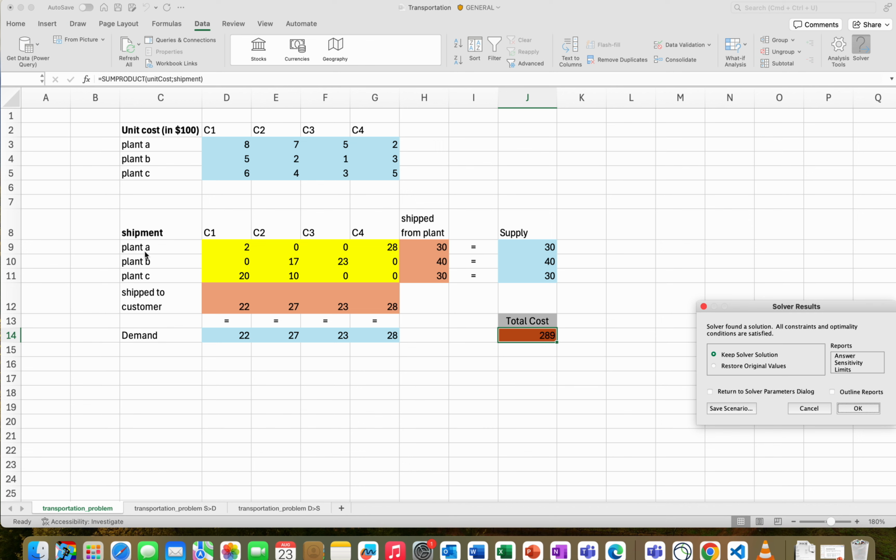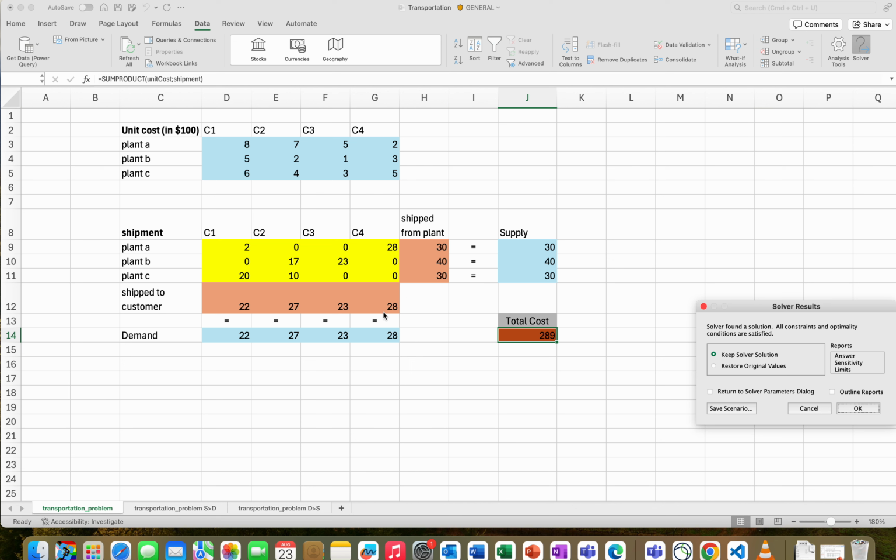Let's now take an example of plant A. The optimal solution is to ship 2 pallets from plant A to C1 and 28 pallets from plant A to C4. By doing so, you meet the 30 supply constraint for plant A and the different demand requirements of the different clients.